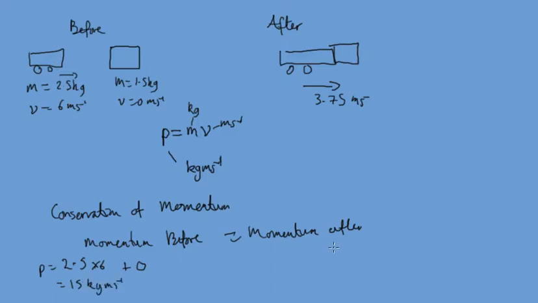And the momentum after is equal to the combined mass, which works out at 4, times 3.75, and if you do that, it is 15 kilogram meters per second. And you can apply that principle in any type of collision.